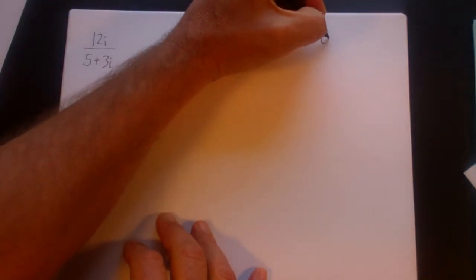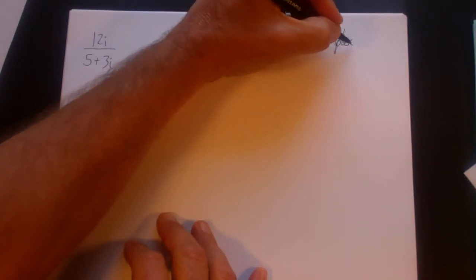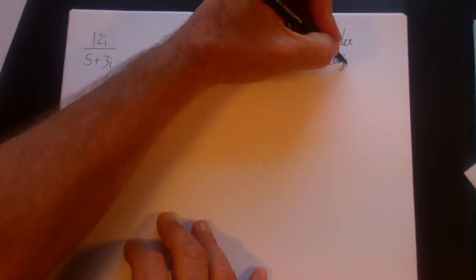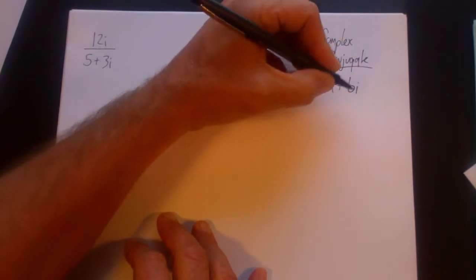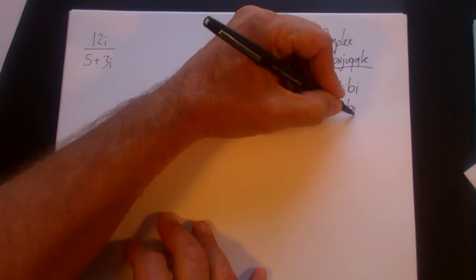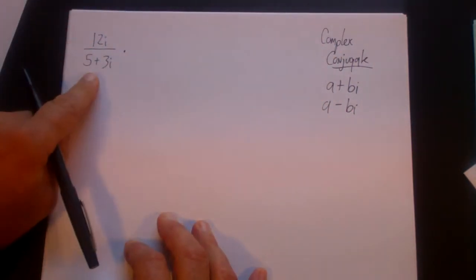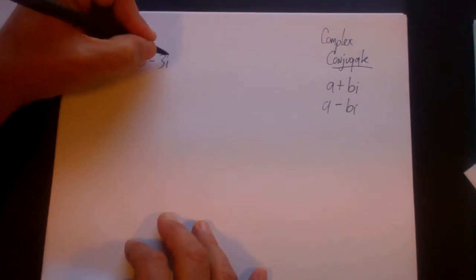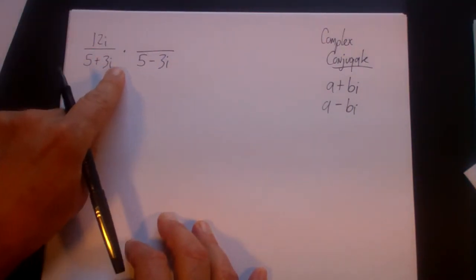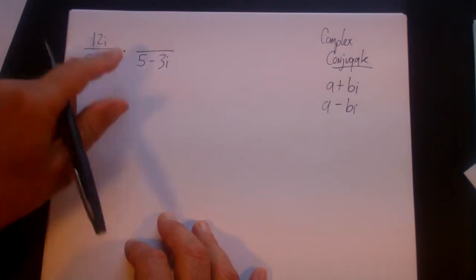Remember the rule: if you have a plus bi, then the complex conjugate will be a minus bi. In this case, the denominator is 5 plus 3i, so the conjugate will be 5 minus 3i. Only the sign of the imaginary term changes.